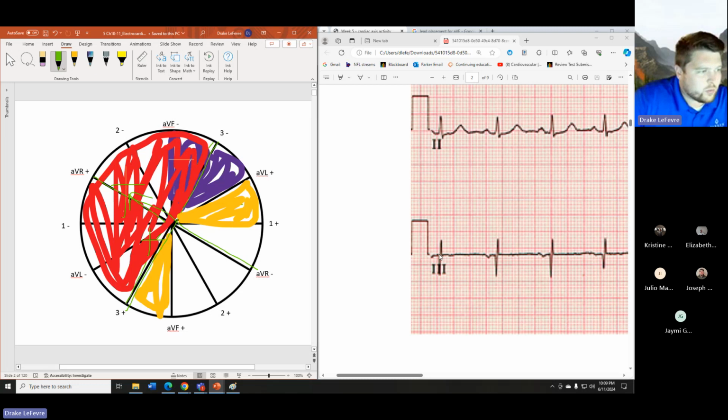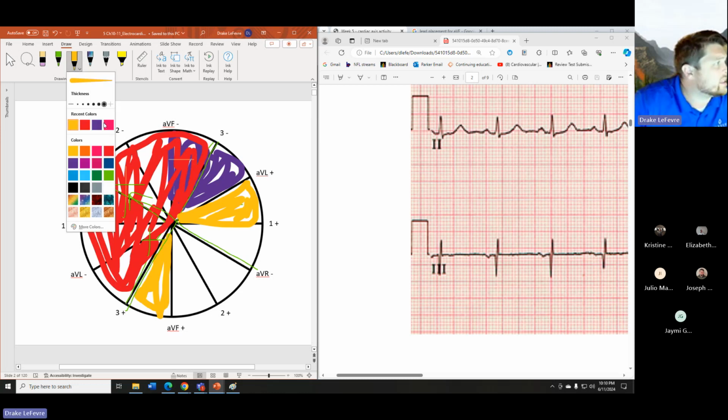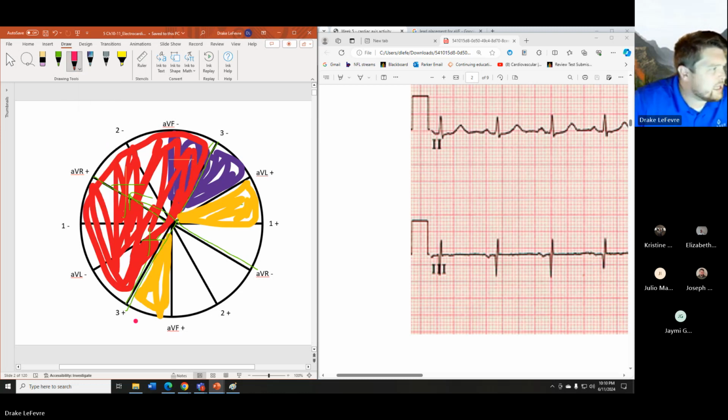So we look at our lead 3, and because it is biphasic, the signal is traveling perpendicular to this lead.